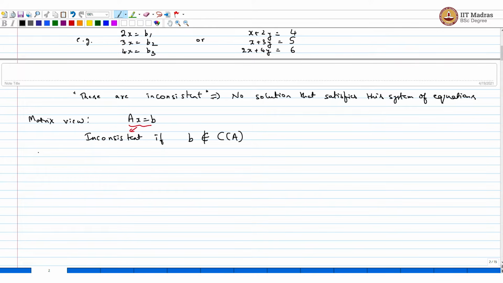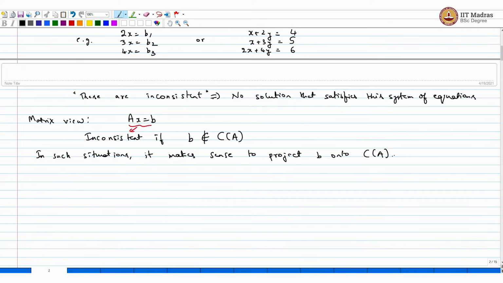And in such situations it makes good sense to project B onto the column space of A. So this is the motivation.